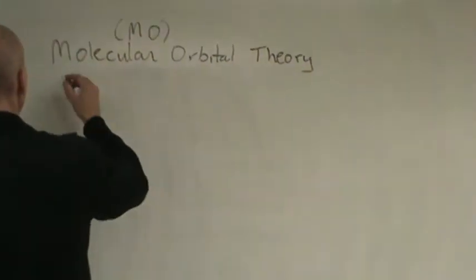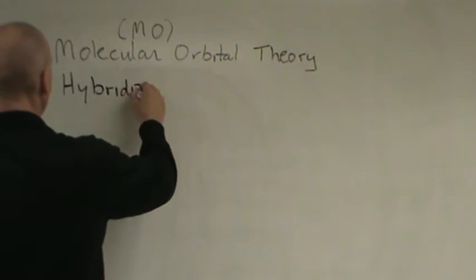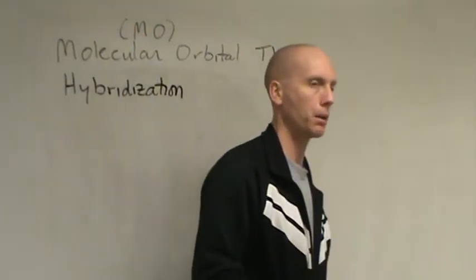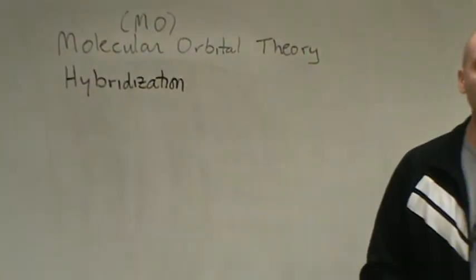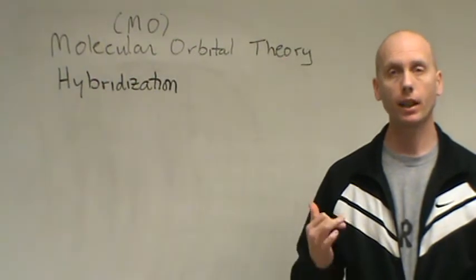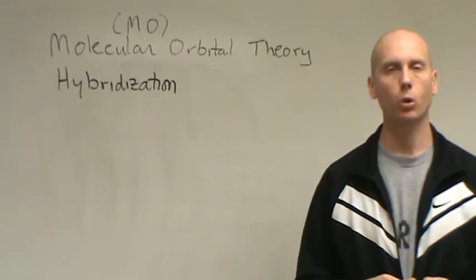And what we're going to get into now is the topic of hybridization. You may or may not have covered it in general chemistry. That's okay. Here we're going to master it. We're going to look at it very simplistically, and then we'll understand it in a more complex manner.